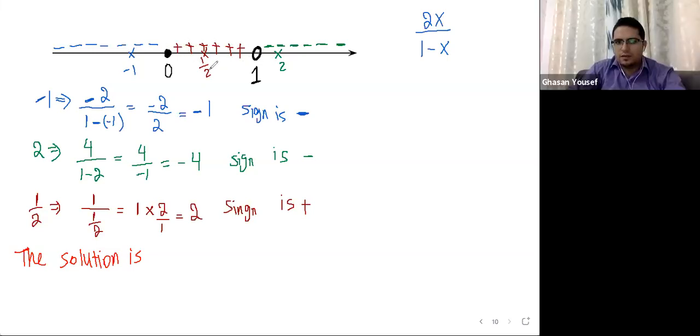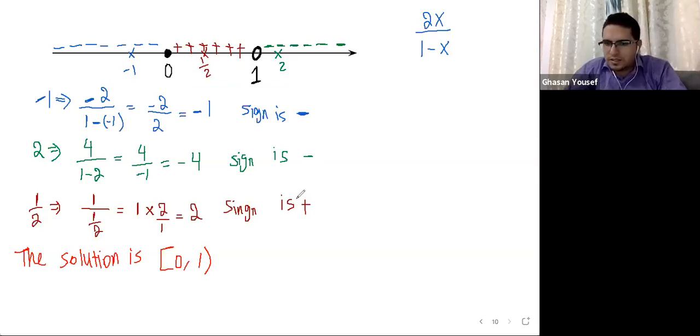All this will be positive from 0 to 1, but the 0 is included because we have equal 0, and the 1 is not included because the 1 cannot be put in as a solution.